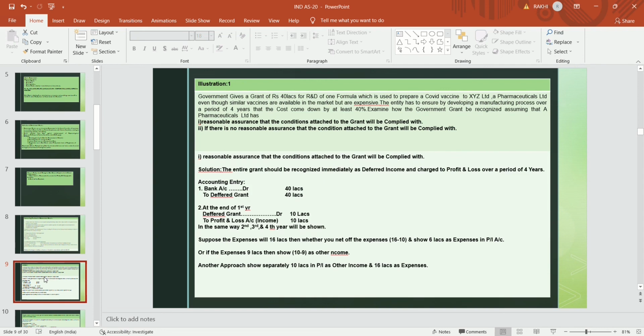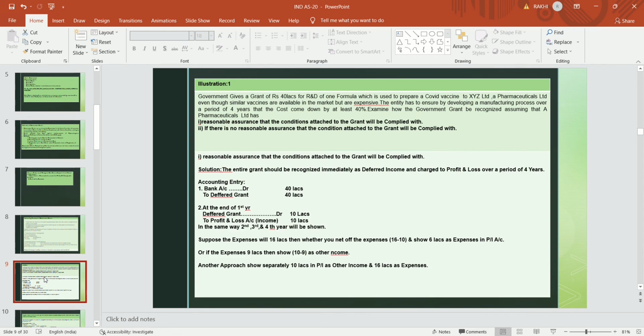Suppose a government gives a grant of rupees 40 lakhs for research and development of one formula which is used to prepare a COVID vaccine to XYZ Limited, a pharmaceutical industry, even though similar vaccines are available in the market but are expensive.